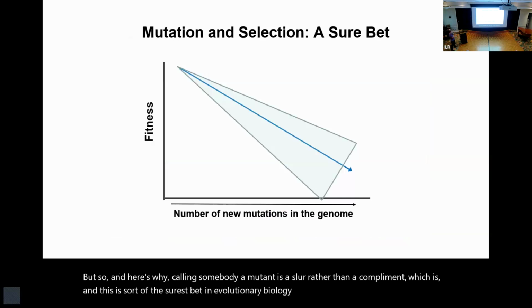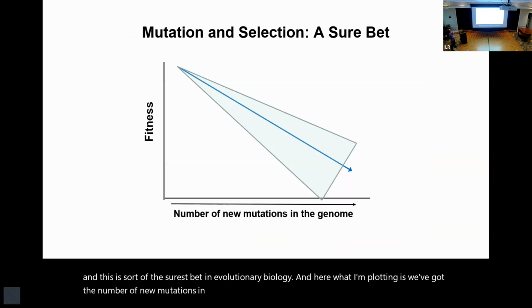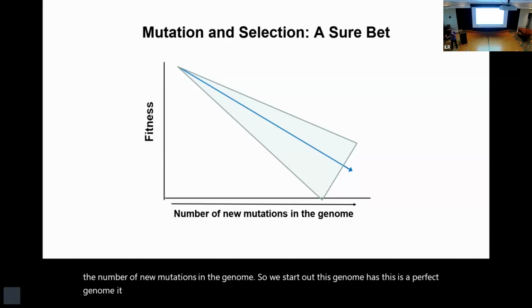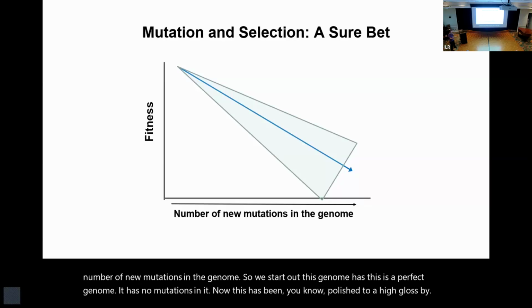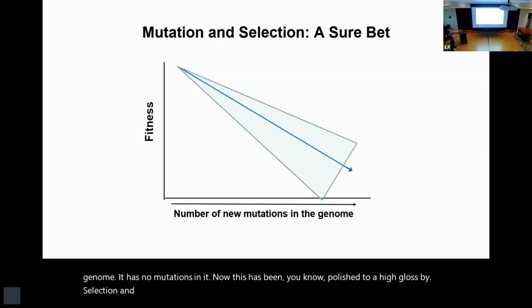Here I'm plotting the number of new mutations in the genome. We start out with a perfect genome. It has no mutations in it. It has been polished to a high gloss by natural selection. Then as mutations start to accumulate, and I'm plotting fitness on the vertical axis, fitness starts to go down.